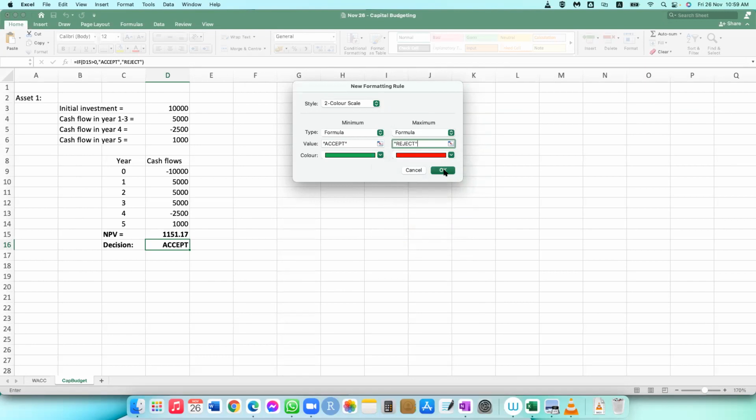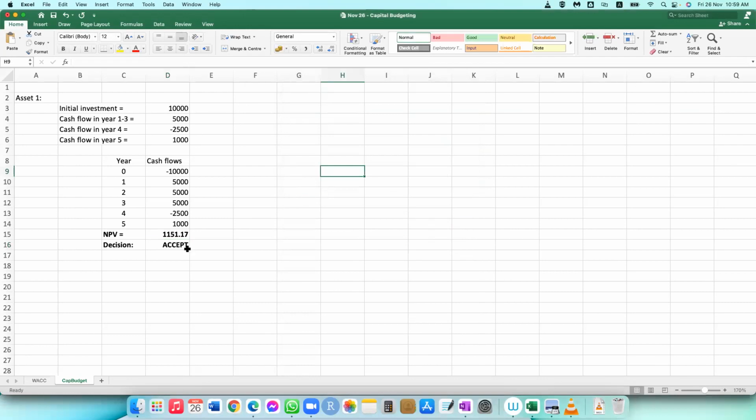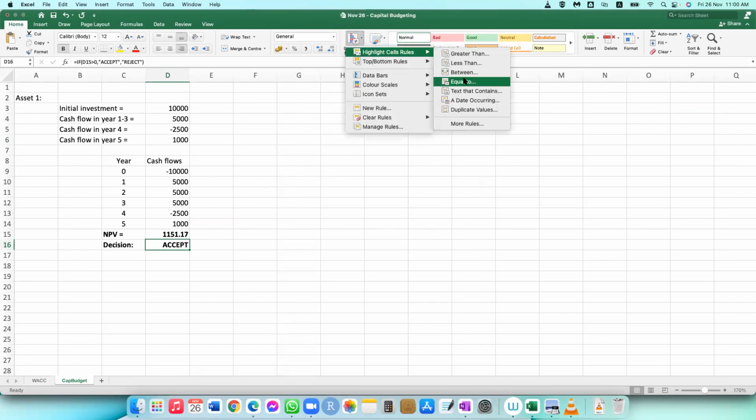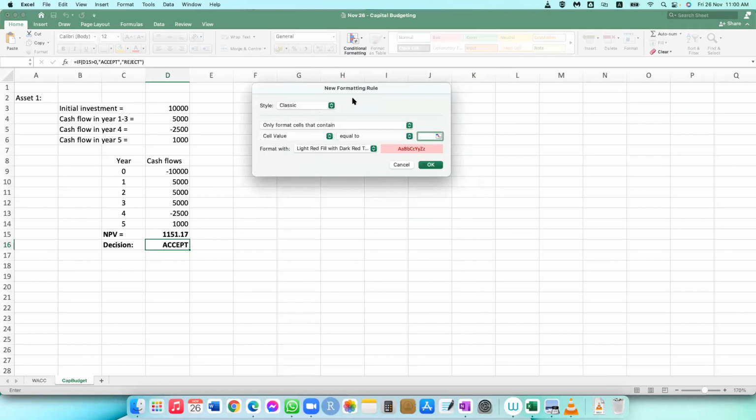I have never done it before, and it is not working. Anyway, we can also use this one, containing specific text, accept. It should be greenish, something like this.